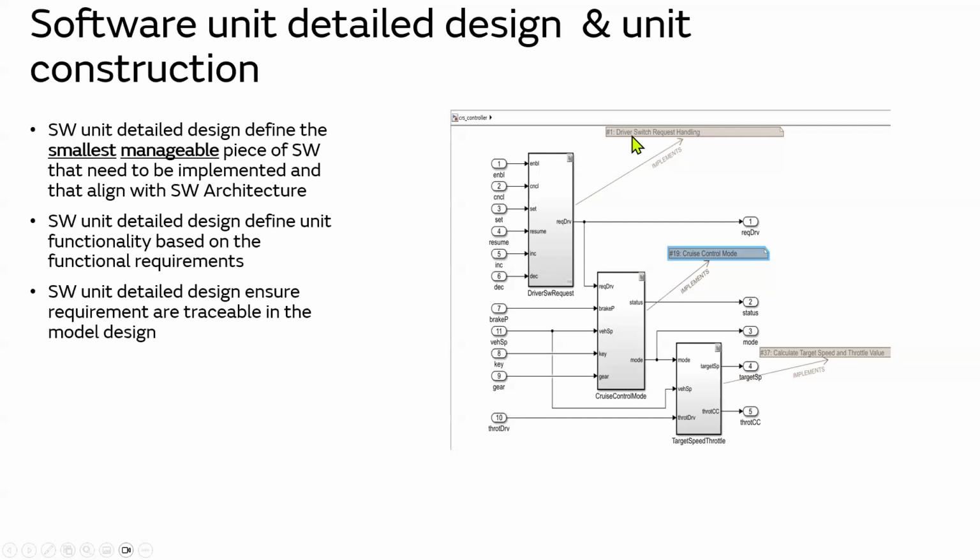implements the requirement related to the driver switch request handling. So the software requirements related to that are implemented in that subsystem. Requirements related to cruise control are implemented in this subsystem, and requirements related to how you calculate the target speed for the throttle valve are implemented in that subsystem.